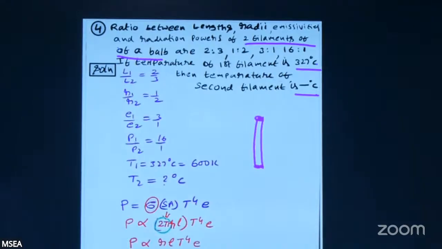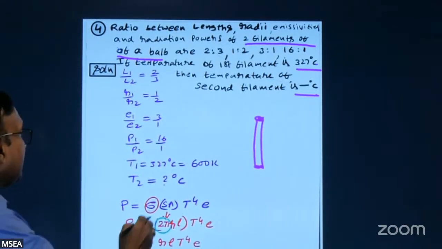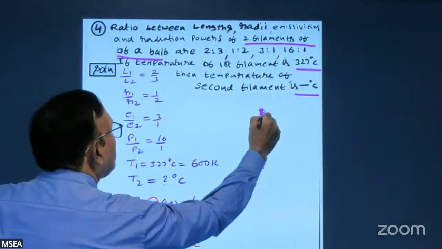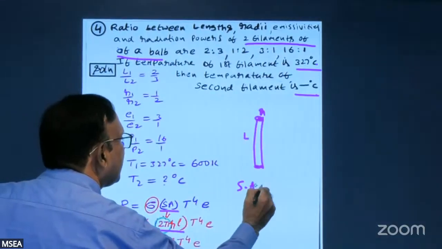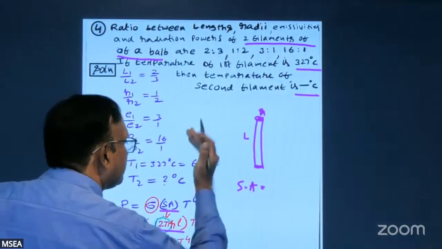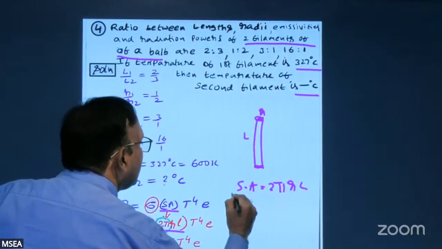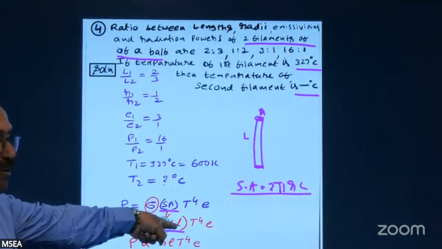The surface area of a filament is nothing but the curved surface area of the filament, which is 2πRL. Whenever there is a filament of very small radius and appreciable length, its surface area is nothing but the curved surface area. We study in school that the curved surface area of a cylinder comes out to be 2πRL. That's the only point that will play the role.